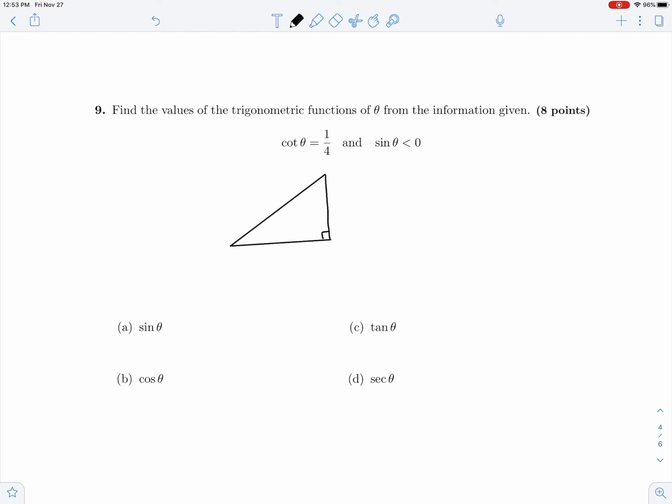My triangle is really cheeseball, but that's okay. So cotangent of theta is the reciprocal of tangent, which is opposite over adjacent. So it's adjacent over opposite. Okay, that's what cotangent is.